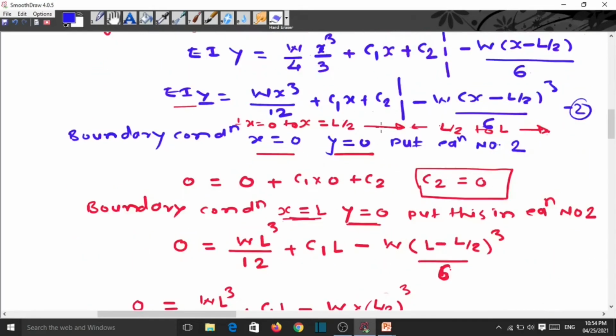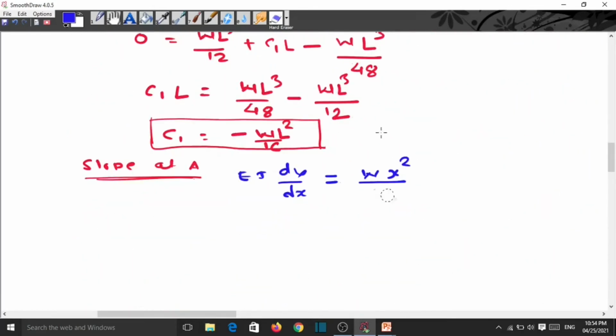Wx square by 4, plus C1 x in section minus W in bracket x minus L by 2 bracket square divided by 2. This is the slope equation.